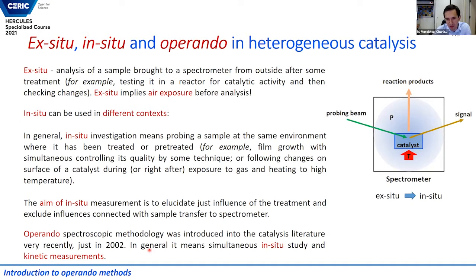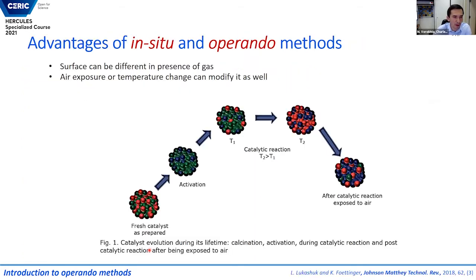Of course, you can say that sometimes you can do operando studies even without doing these kinetic measurements, if you somehow tested this catalyst at the same conditions before, and you are 100% sure that you have this reaction on the surface. So, of course, you understand the advantages of in situ or operando studies.